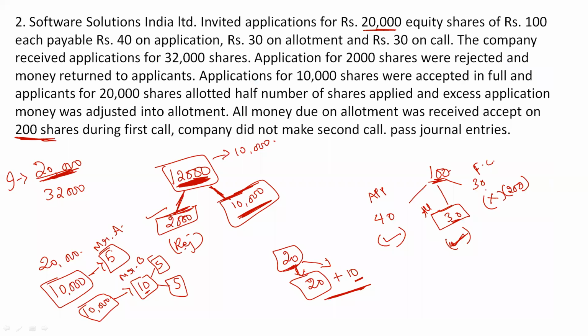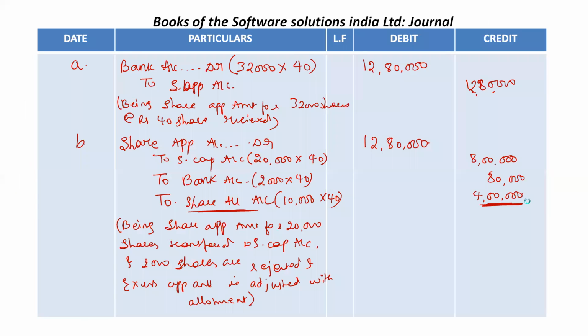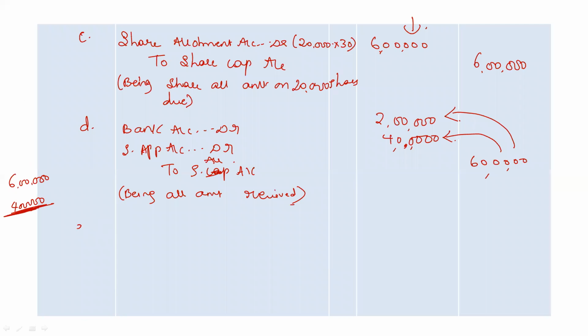And during first call, there is a calls in arrears. So a shareholder having 200 shares is not paying the first call money. But we need to do the due entry first. Company will ask to pay the first call amount. So company will ask full amount. Company will not ask less.